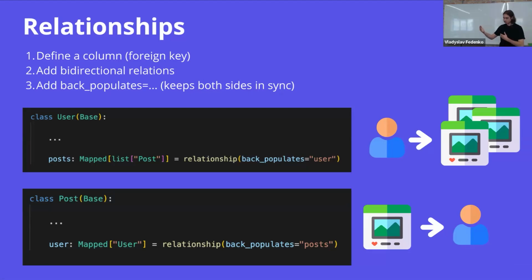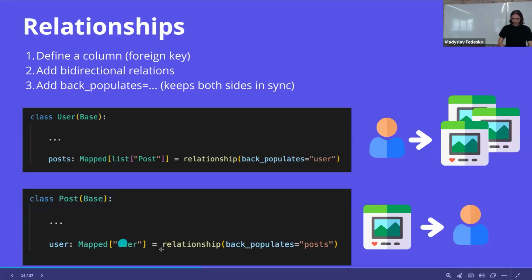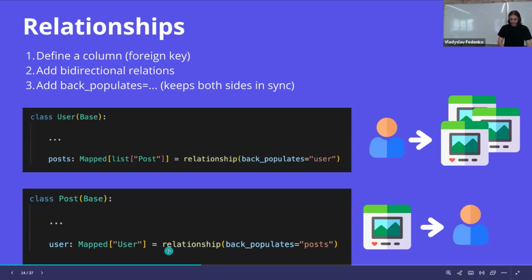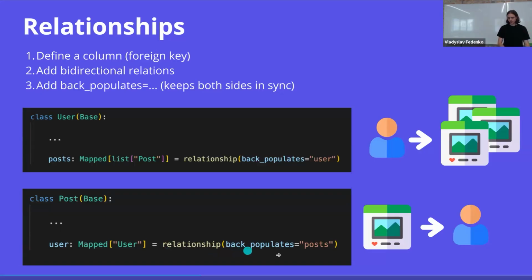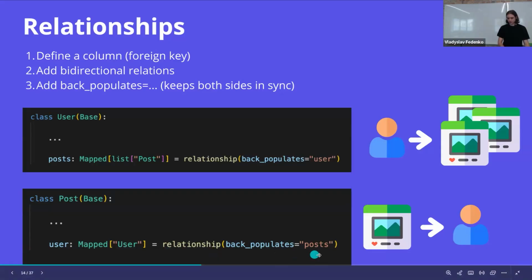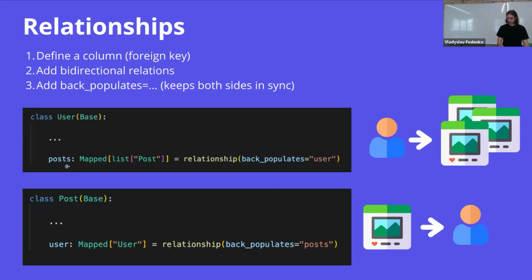A user has many posts, but every post has only one user that created it. And also we're using relationship to specify that this is a relationship, not a mapped field. And back_populates posts because in User we have the field posts. Does it make sense, guys?